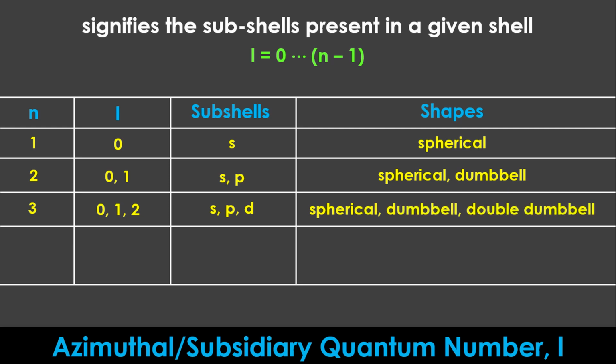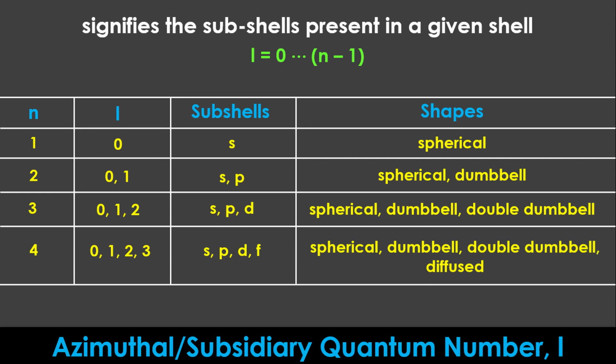Therefore, in the third shell or energy level, there are 3 subshells, 3s, 3p, and 3d. This continues with the fourth shell where n is 4, and the values of l are 0, 1, 2, and 3, with 4s, 4p, 4d, and 4f as the 4 subshells present in that energy level.